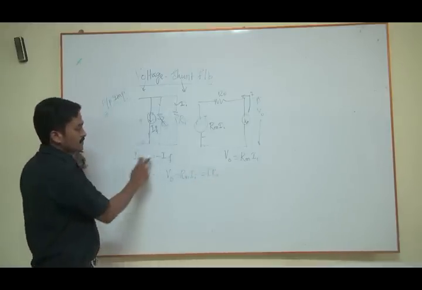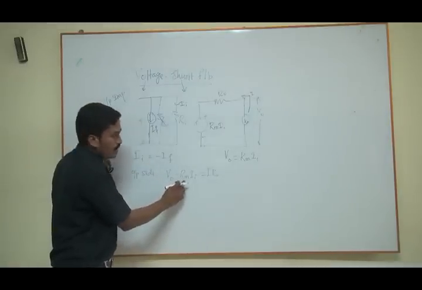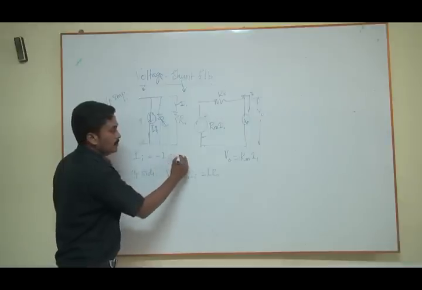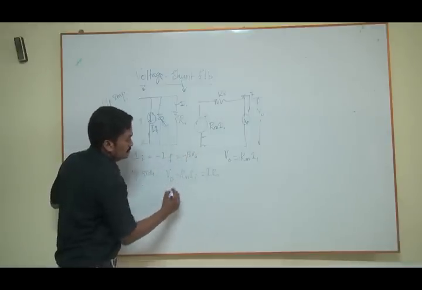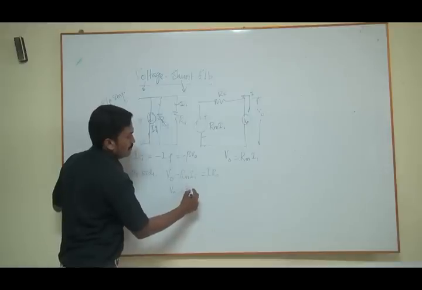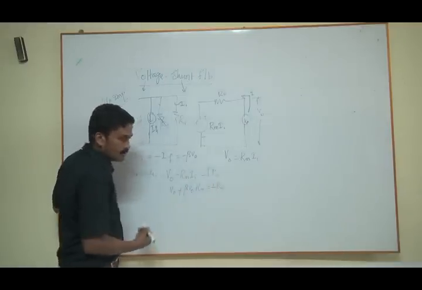Again the same, substitute instead of II minus IF, so that it becomes plus Rm into IF, and for IF you can substitute beta V naught, so V naught plus beta V naught into Rm equal to I into R naught.